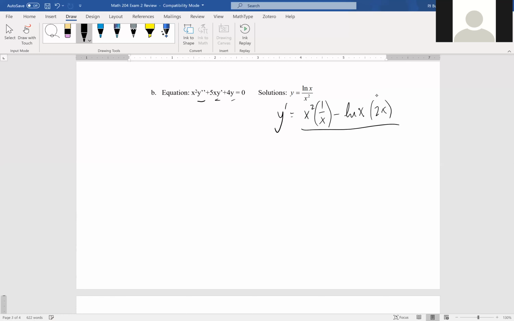So I always remember the quotient rule. It's low d high minus high d low. So there's that. I have a question. So you're doing the quotient rule, but would it be okay to take the ln x, put it to the side, and turn that into x to the -2, and use the product rule? Yeah. Okay. You'd probably have to put the two things back together at the end. Or I guess you could just leave them all with negative powers if you wanted.